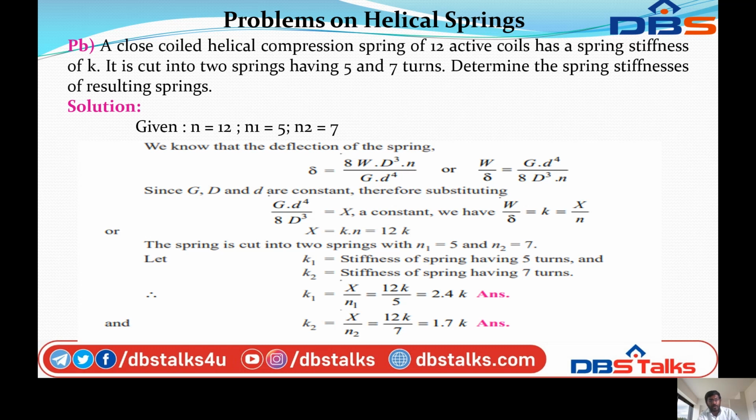Finally K1 is equal to X by N1, which is 12K by 5, that is equal to 2.4 K. And K2 is equal to X by N2, which is 12K by 7, that is equal to 1.7 K. So this is the solution for the spring stiffness of the resulting springs. K1 is equal to 2.4 K, K2 is equal to 1.7 K.